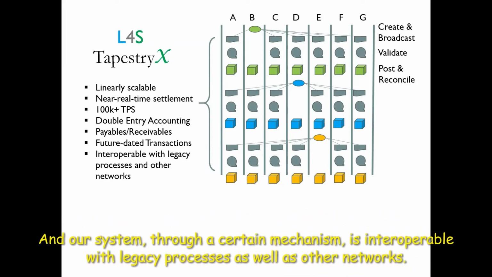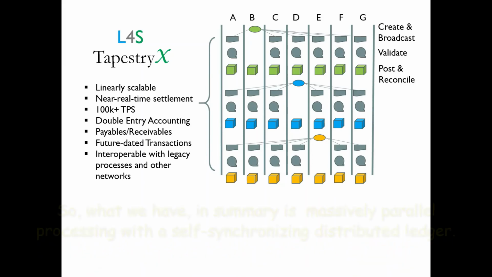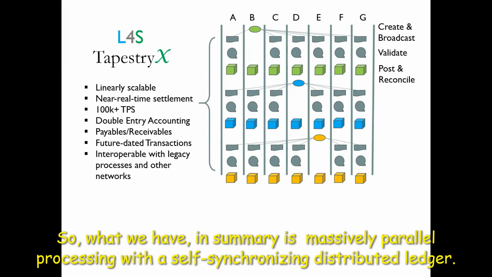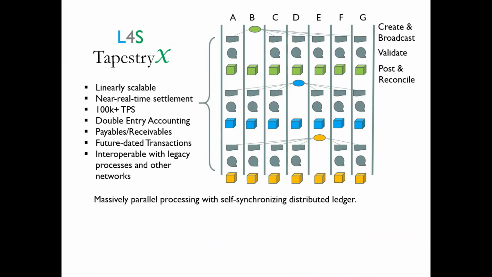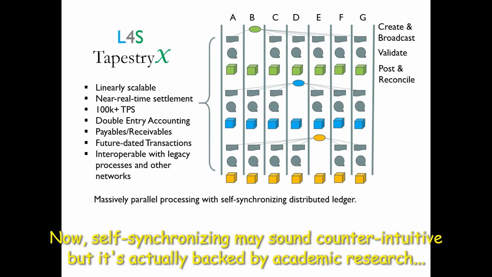And our system, through a certain mechanism, is interoperable with legacy processes as well as other networks. So what we have, in summary, is massively parallel processing with a self-synchronizing distributed ledger. Now, self-synchronizing may sound counterintuitive, but it's actually backed by academic research.